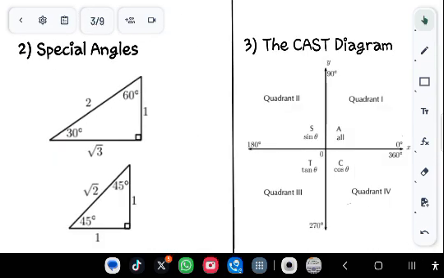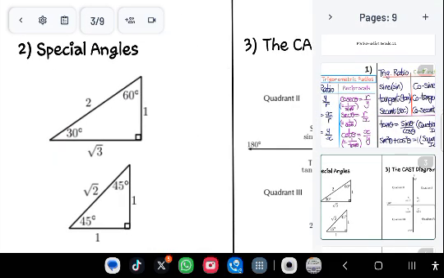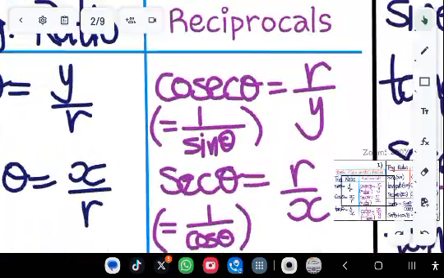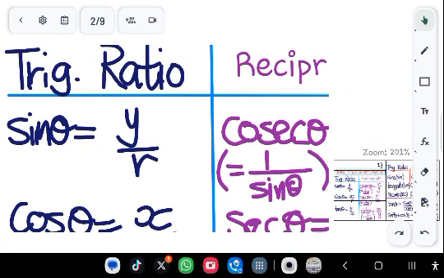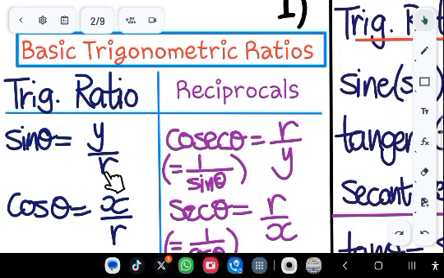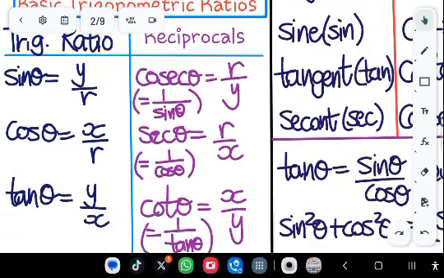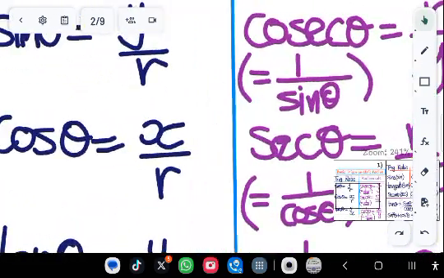Now I just wanted to use this as an example so you could understand that this y is not just any y, it is the side opposite to that particular specific angle we're looking at that moment in time. Now you've got the hypotenuse, which is represented by r, and then you've got your x, which is the adjacent.